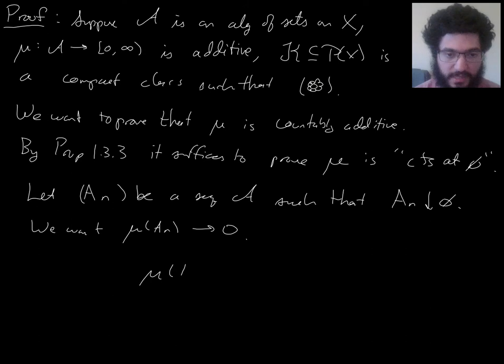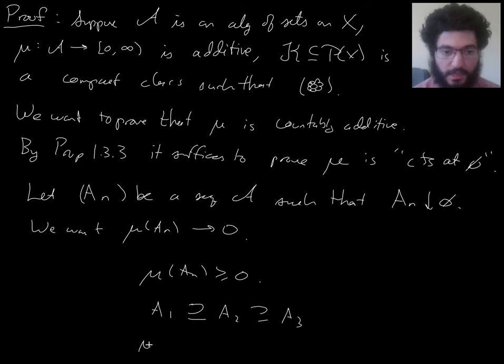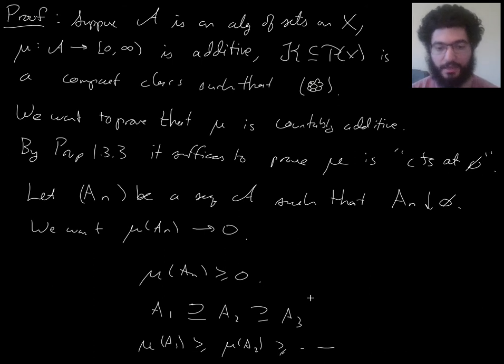So we always have mu of AN greater than or equal to 0. That's just always true. And it's also a decreasing sequence, right? Since A1 contains A2, contains A3, and so on. Mu of A1 is going to be greater than or equal to mu of A2, greater than or equal to, etc. So this is a decreasing non-negative sequence.